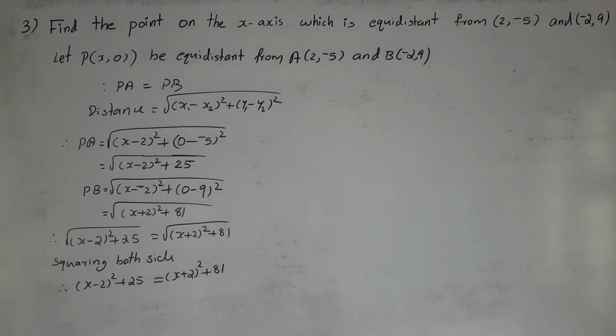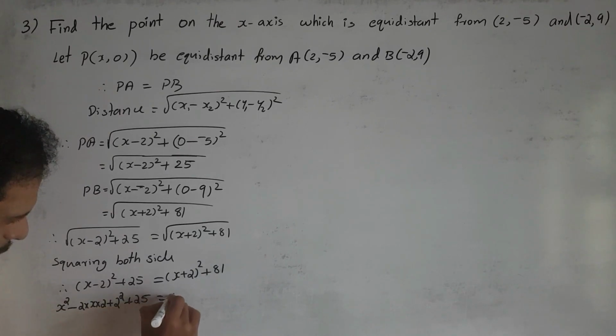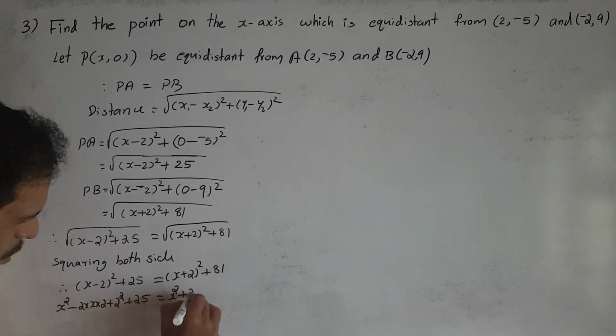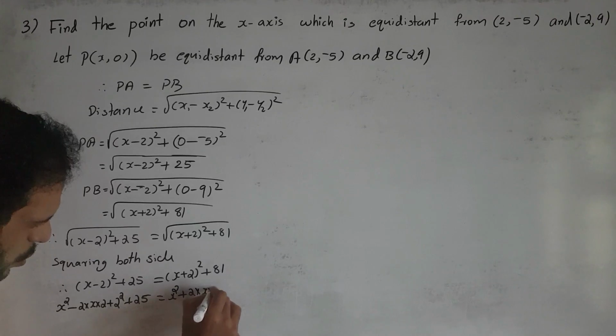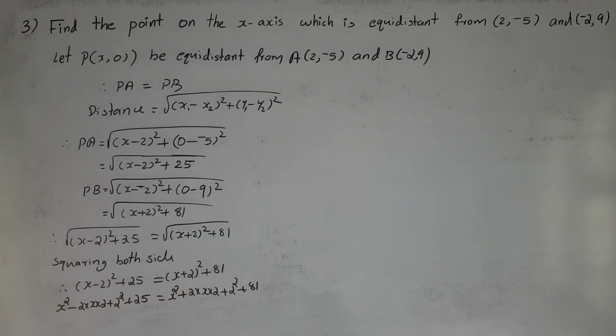Then the LHS part is in the form of (a minus b) whole square, and the right side is in the form of (a plus b) whole square. So we expand: x square minus 2 into x into 2 plus 2 square plus 25 is equal to x square plus 2 into x into 2 plus 2 square plus 81.